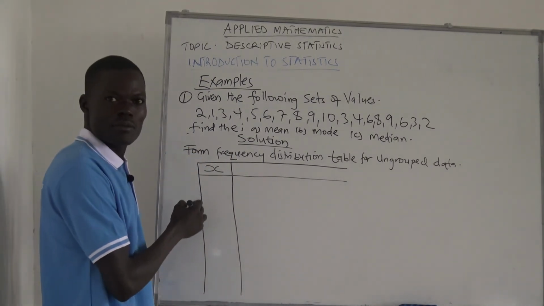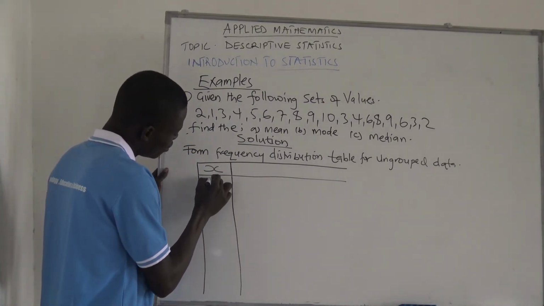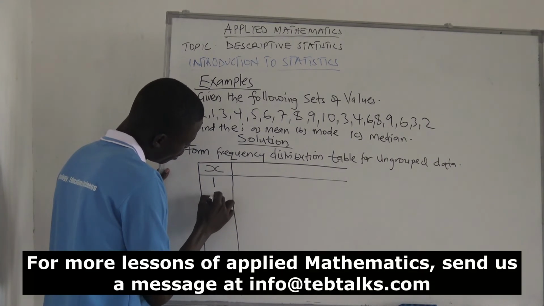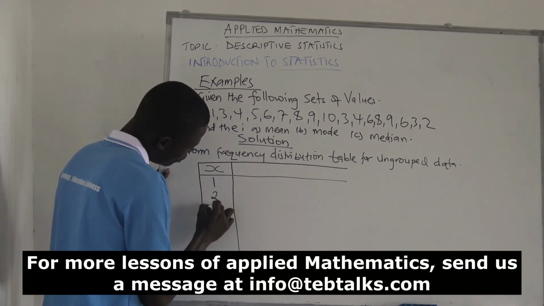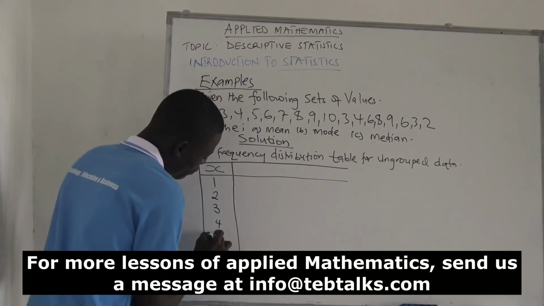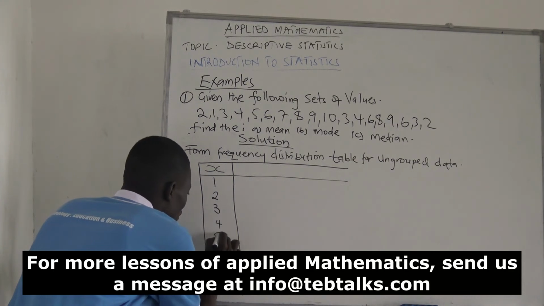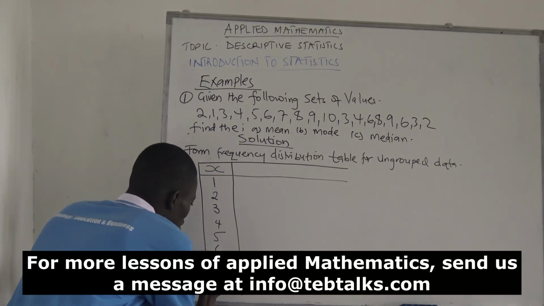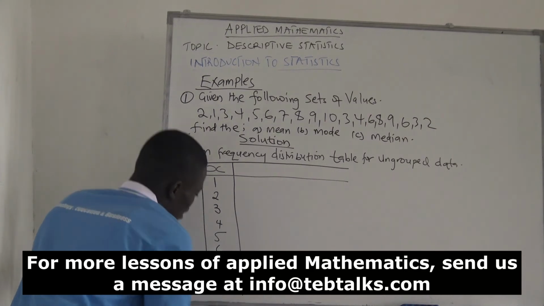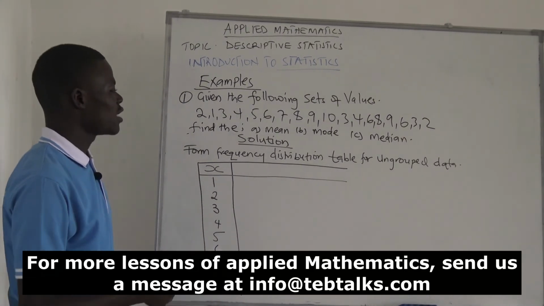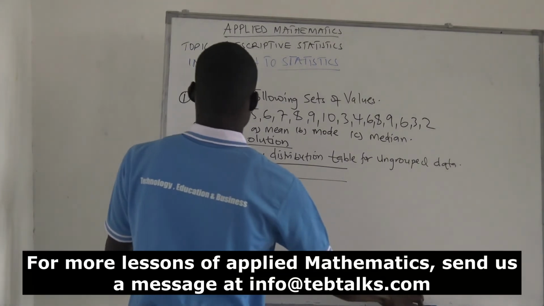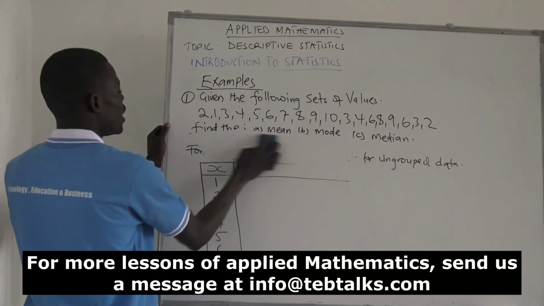So our first variable is 1, 2, 3, 4, 5, 6, 7, 8, 9, 10. So it is not fitting here, so we are going to adjust our table up to here.